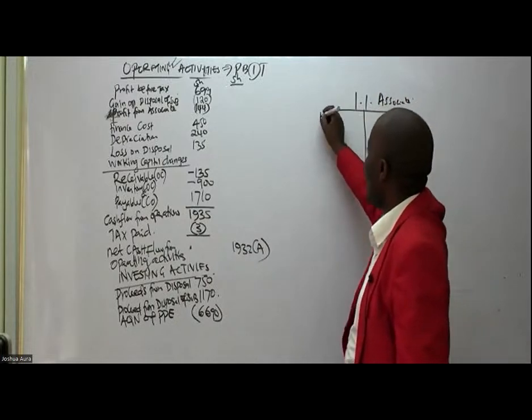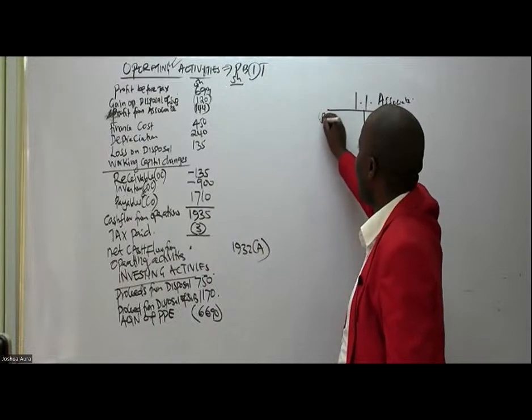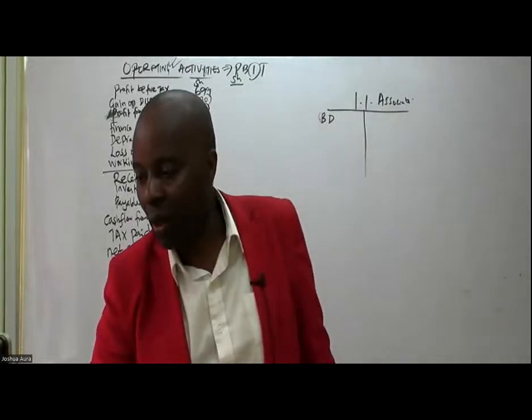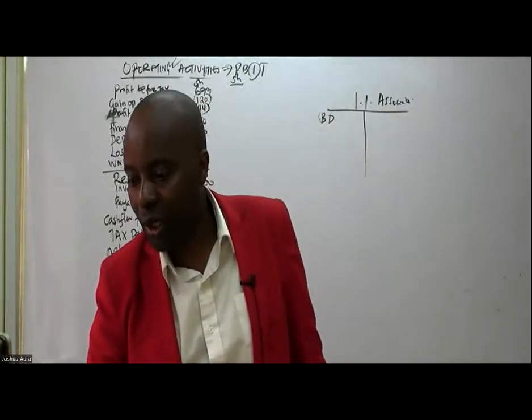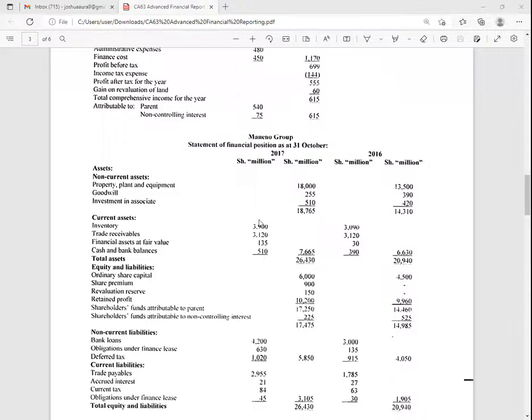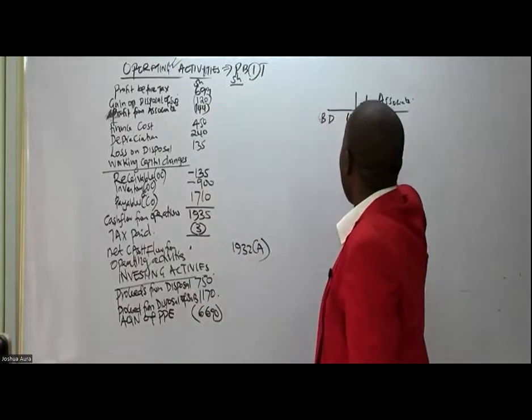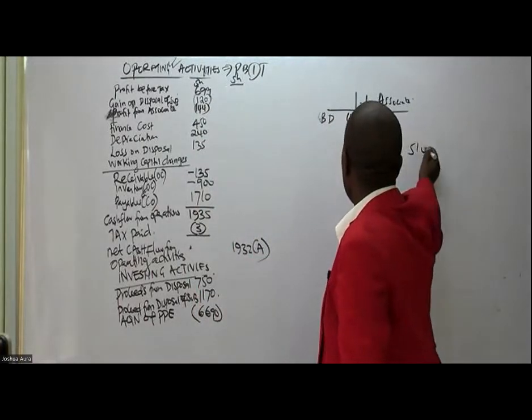We have here balance brought down. Are you able to see the balance brought down for this associate? For the associate, brought down is 420, carried down in this case here is 510, if I'm not wrong.